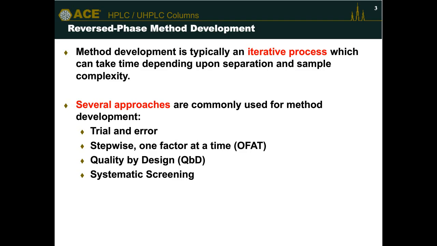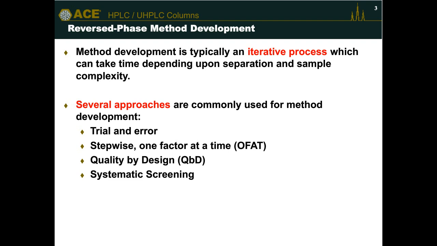There are other approaches as well, the so-called quality by design approach to method development. This has had more influence in different industries over the last 10 to 15 years or so, to try and fully understand and risk assess different parameters and how they can affect the separation of critical components in your samples and on your chromatogram.